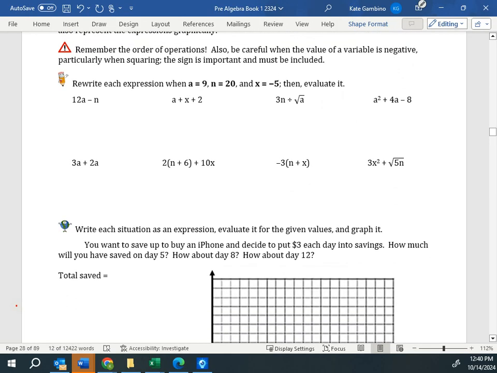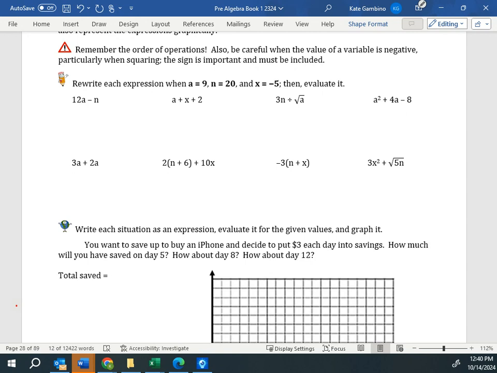We need to remember that order of operations, if there's parentheses, so we do things going the correct way. Also be careful when the value of a variable is negative, particularly when squaring. The sign is important and must be included. If you're squaring, negative times a negative equals a positive.